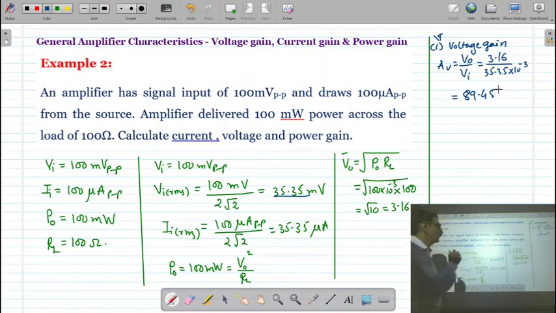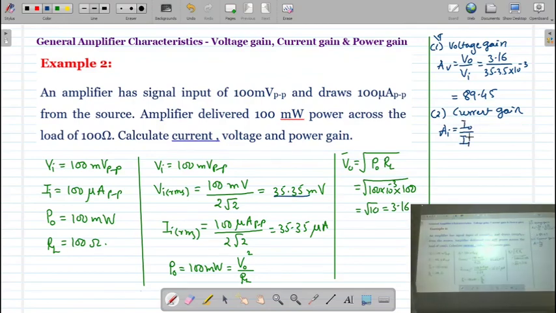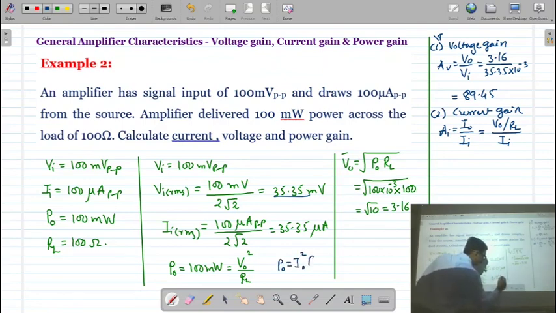Now, second one, the current gain. AI is the ratio of output current divided by input current. But the output current is not given, remember. But we know the output voltage and the load resistance. So instead of output current, we can write VO by RL divided by input current. Or you can also calculate the output current using the formula PO equals IO square into RL.